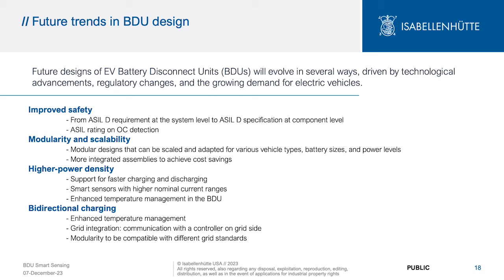This also, with regards to the safety goal, we see that there's a trend towards an ASIL rating on overcurrent detection, especially with regards to the kind of level that needs to be achieved. So for overcurrent detection, we see for the future that most customers call out an ASIL D requirement.